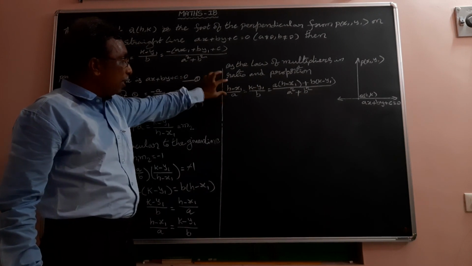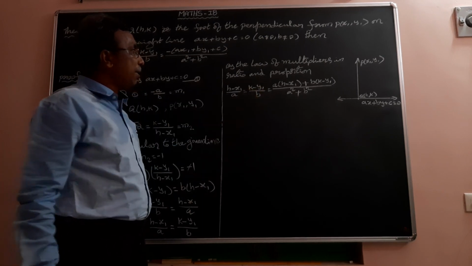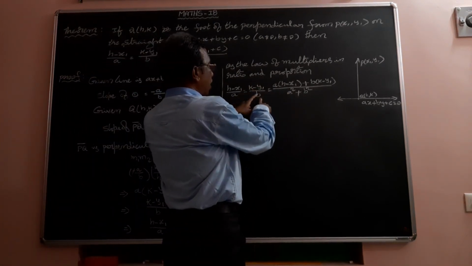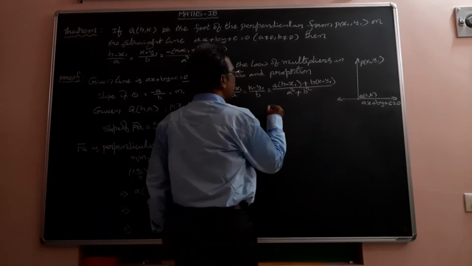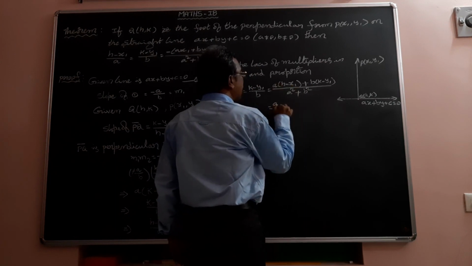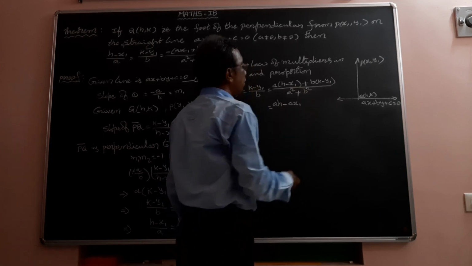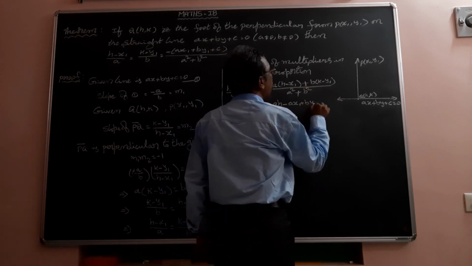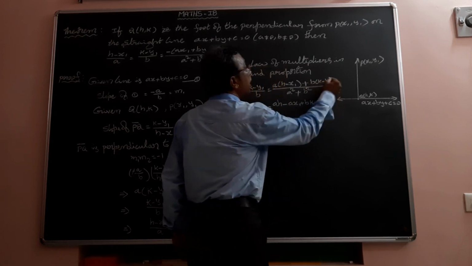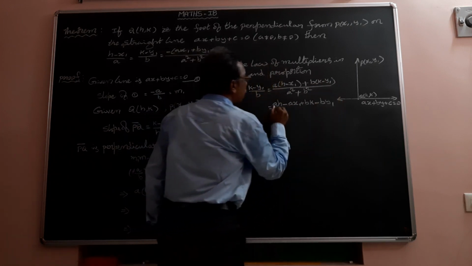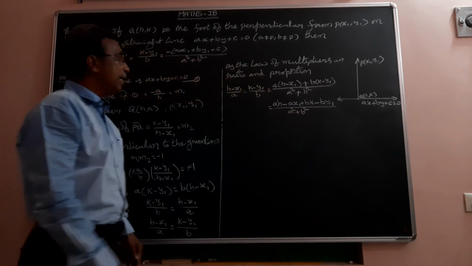This equals (a into (h minus x1) plus b into (k minus y1)) by (a square plus b square). That equals (a into ah minus a into x1, ax1, plus b into k, bk, minus b into y1) by (a square plus b square).